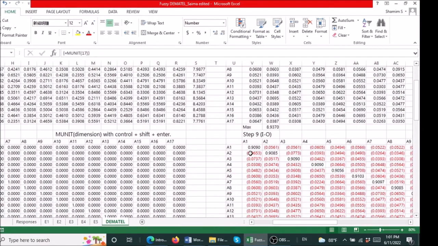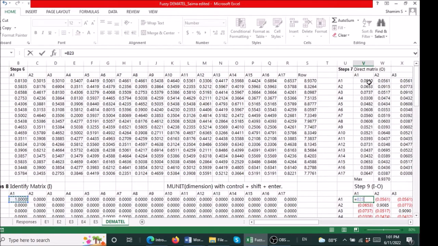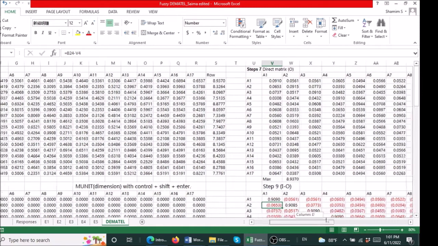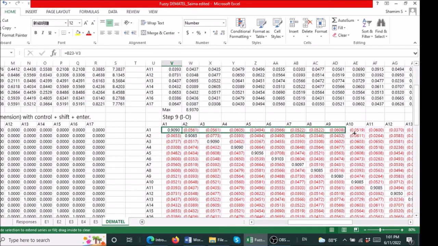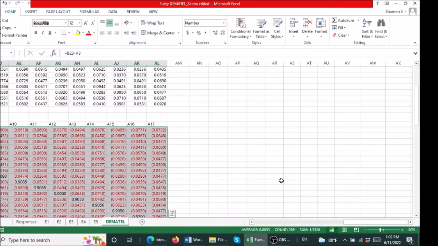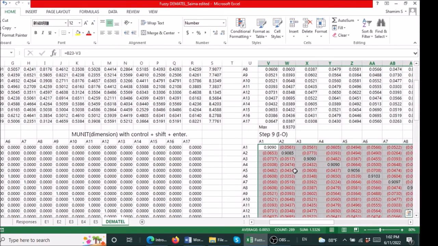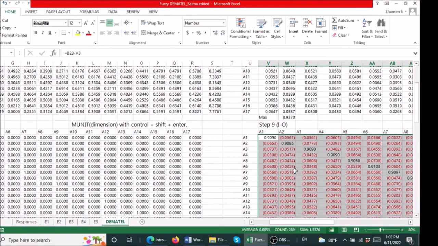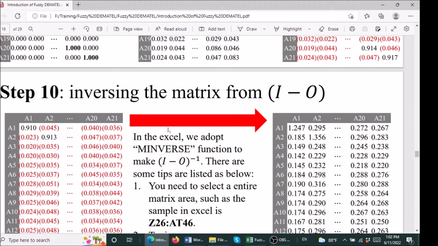To get it, you have to do this one minus this one. Then drag this way, same values, you will get it. Then double click. So we completed step number 9.